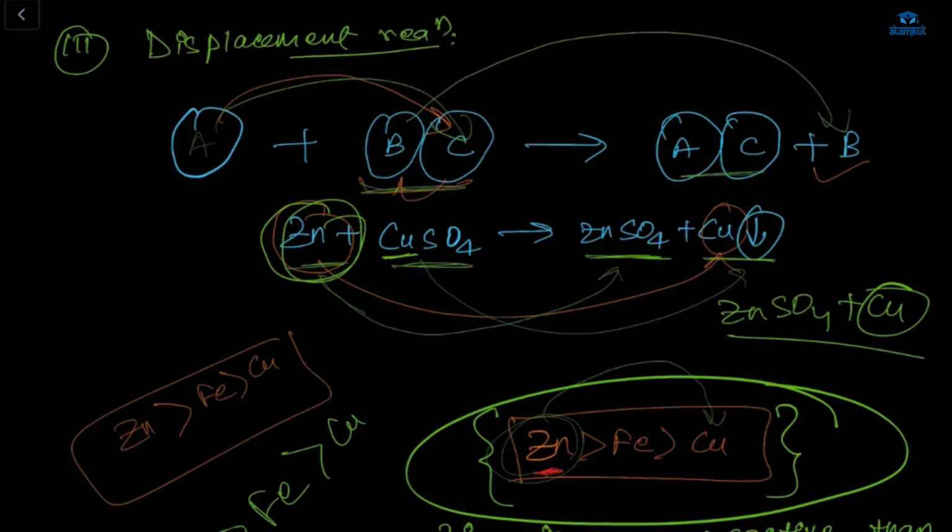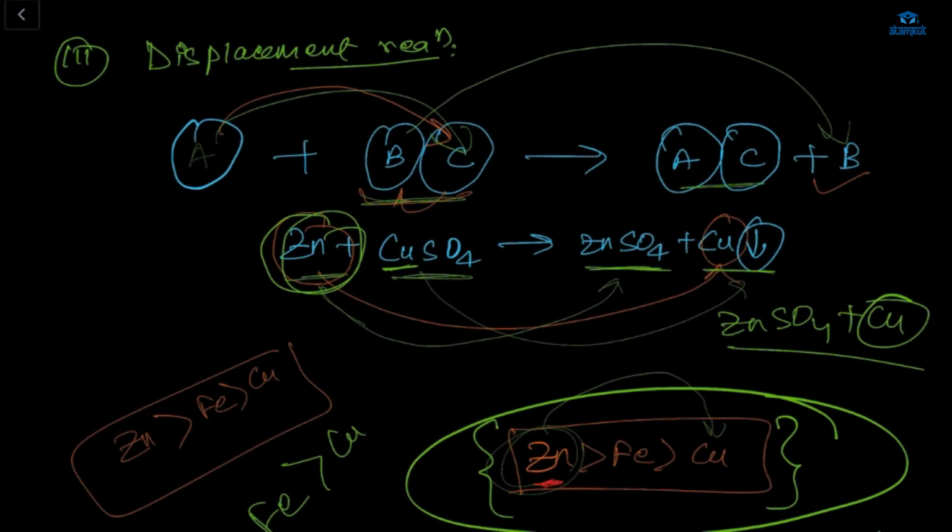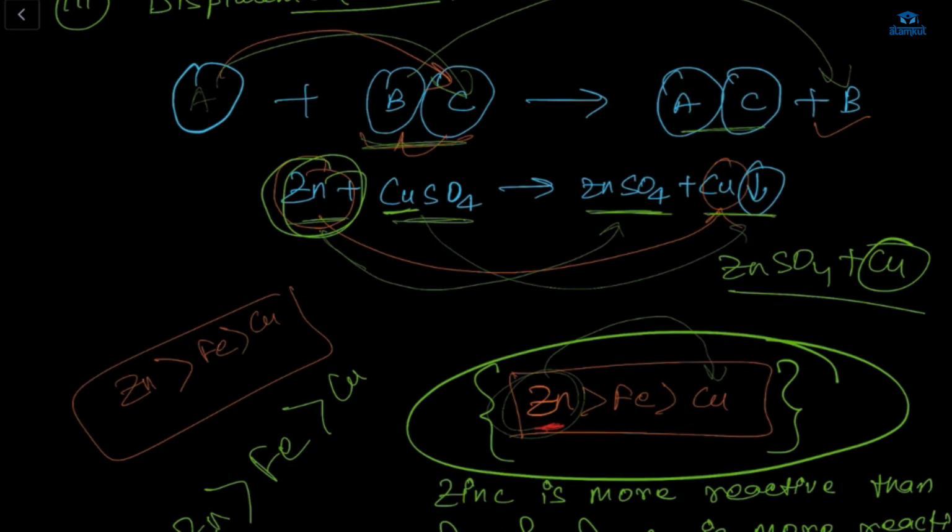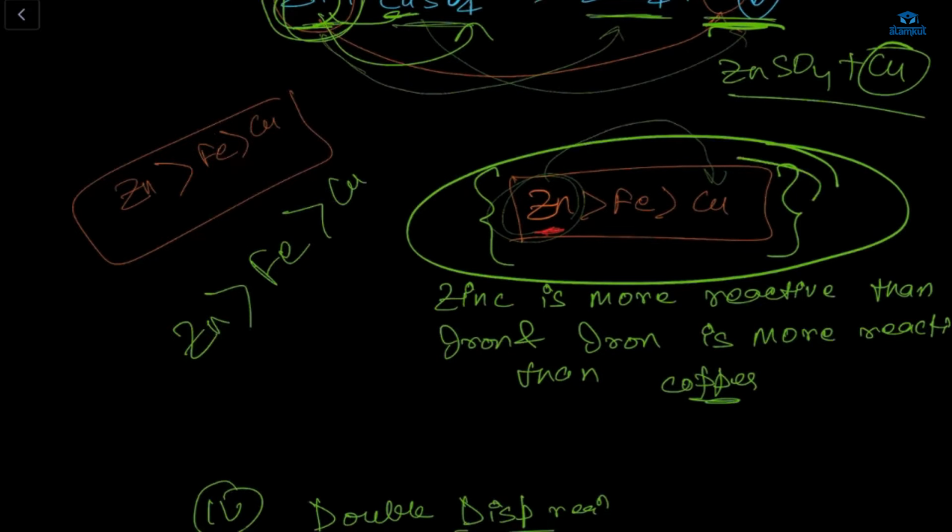It's where the more reactive substance will replace the less reactive substance. Like Zn is more reactive than copper, so Zn is combining with SO4 and replacing the Cu. So this is the increasing table, like Zn and then Fe and then Cu.